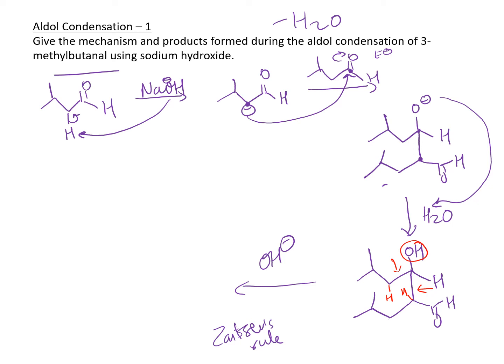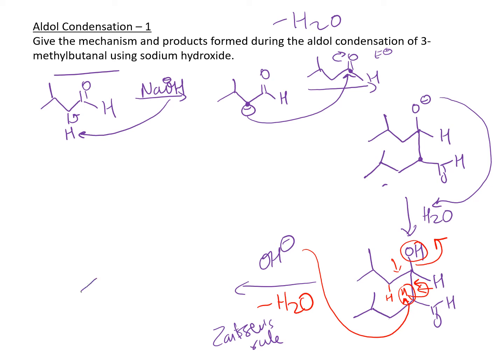So again, since we have the hydroxide, we are going to go ahead and pick up a proton, and we'll go for this one because this seems a little bit more acidic than usual. So we'll pick up this proton. This proton then leaves, and this alcohol leaves. Okay, that's the dehydration that's going on in this part.